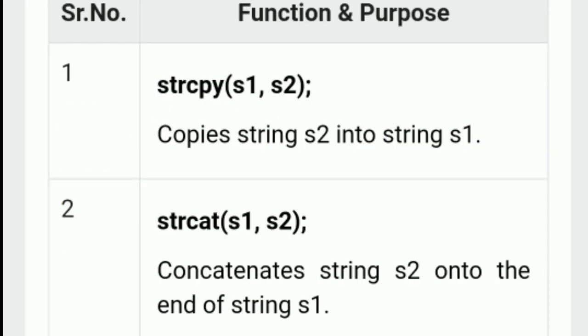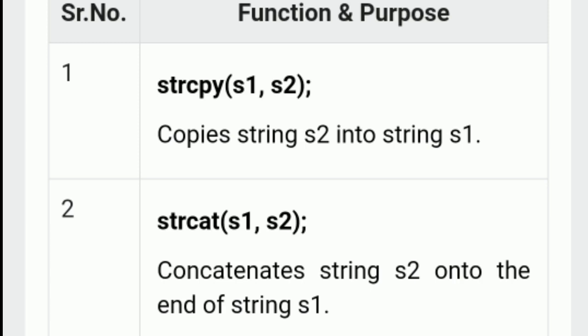The third one is strlen(s1); it returns the length of the string, that is, how many characters are included in the string. strcmp(s1, s2); returns 0 if s1 and s2 are the same, less than 0 if s1 is less than s2, and greater than 0 if s1 is greater than s2.